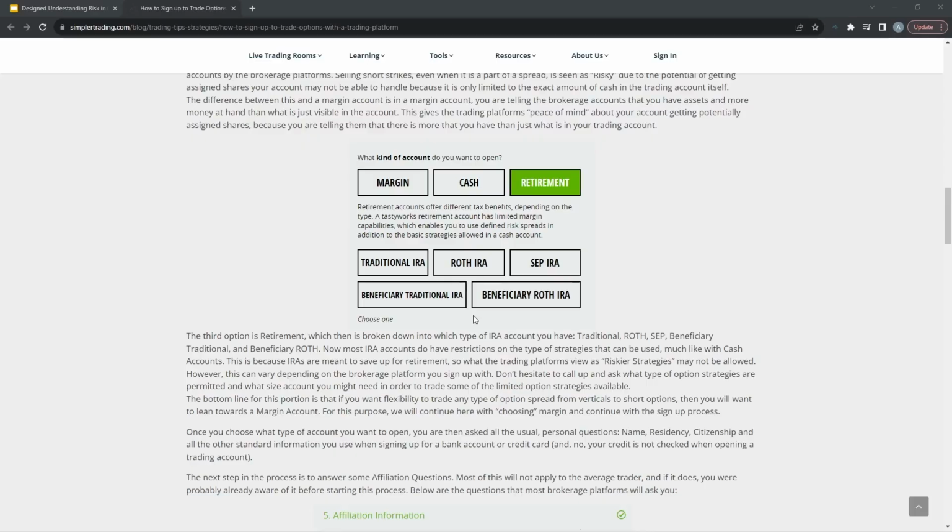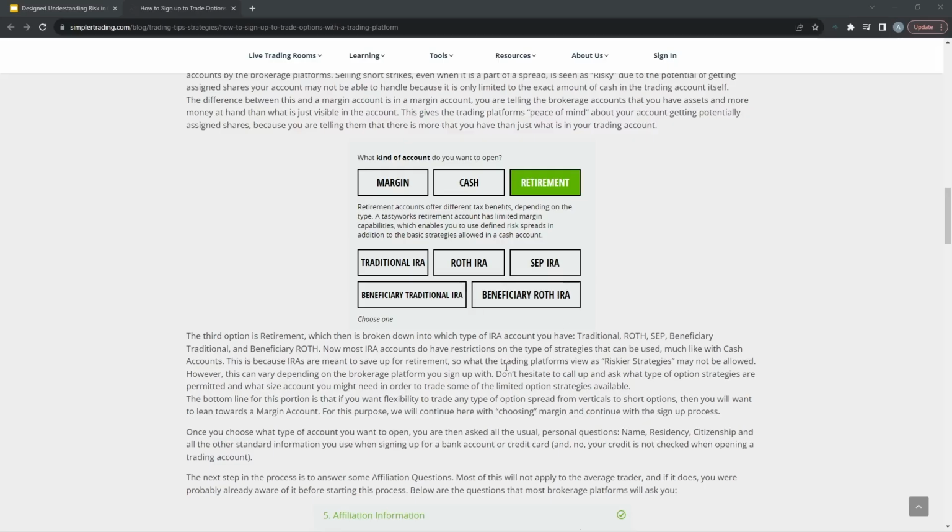Once again, typically in a retirement account, depending on how you have it set up, your brokerage platform may view some of the, quote unquote, riskier strategies like spreads and butterflies as something they may not allow in a retirement account. So it's a little bit limited on the strategies, just like a cash account can be, and it's something you want to be mindful of.